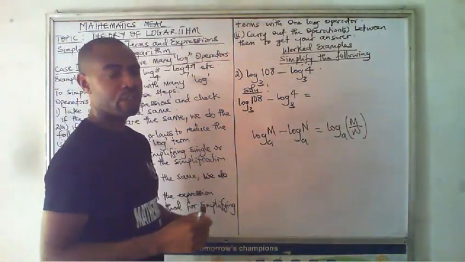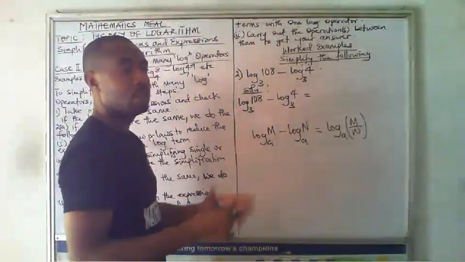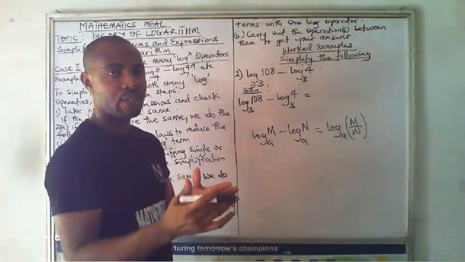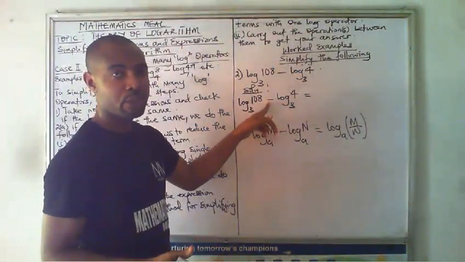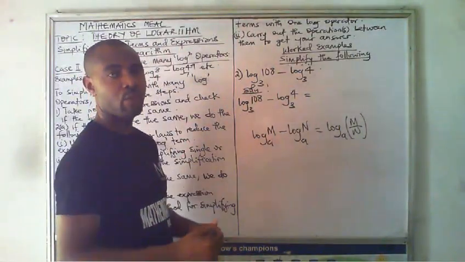Remember, there are two laws that can reduce multiple logs to a single log, the first and the second law. The first law will not work here because of the subtraction operation. If we have addition, that's when we apply it.